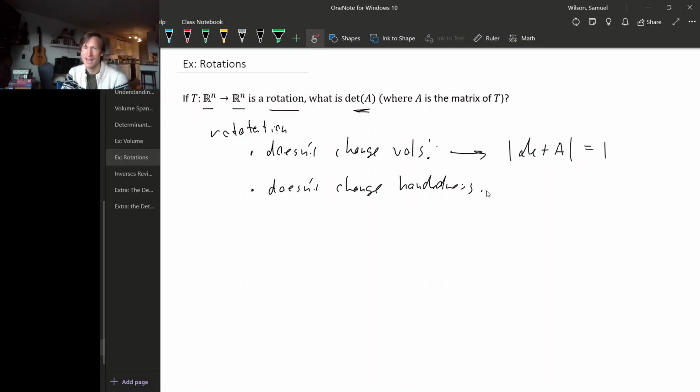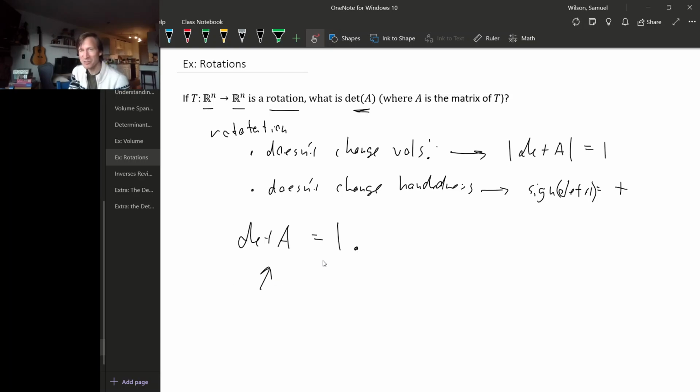and the second fact tells us that the sign of the determinant has to be plus, and together these mean that the determinant for this rotation matrix has to be 1. So every rotation matrix has a determinant of plus 1.